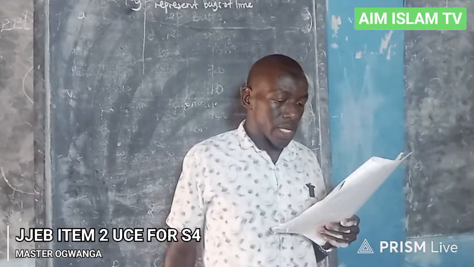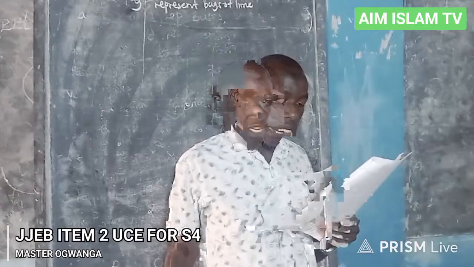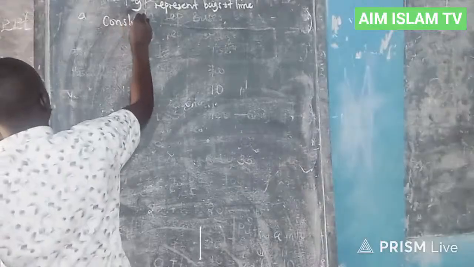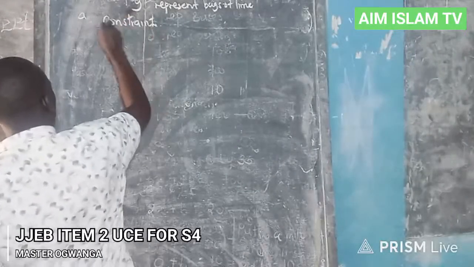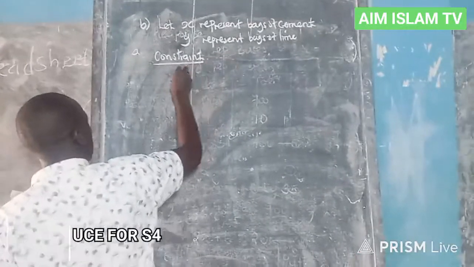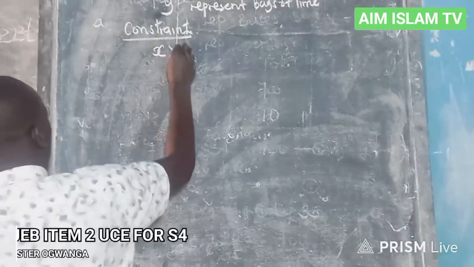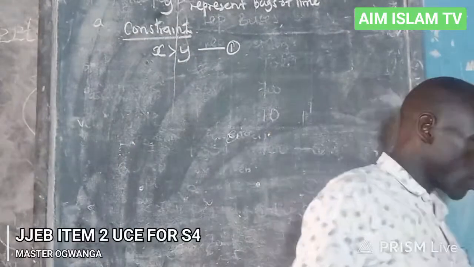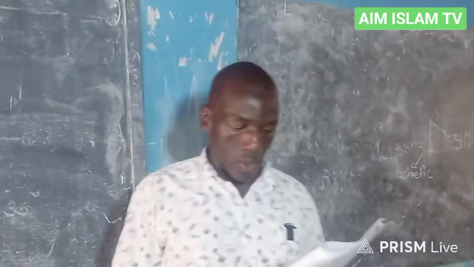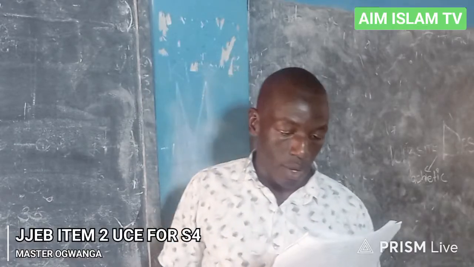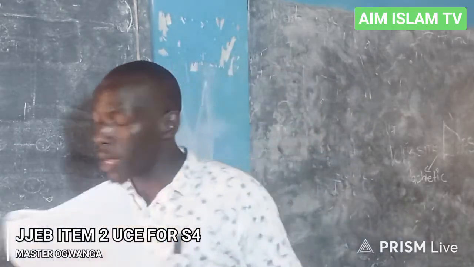In the first part, the cement compared to the bags of lime, so in our first constraint we are looking at the bags of cement being greater than the bags of lime. That is X greater than Y. This will be my first inequality.